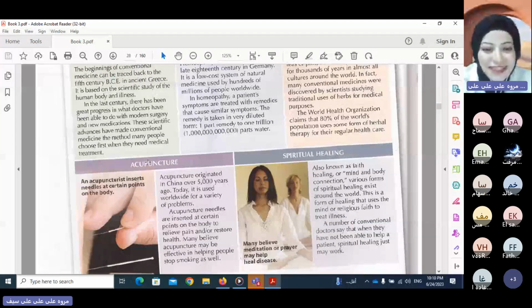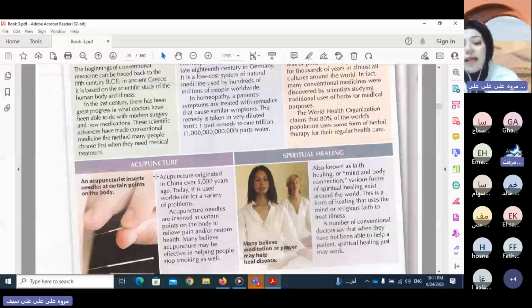You're going to read it. Okay. This one. Spiritual healing. No. Spiritual. This one. The first one. Acupuncture. The needles. Acupuncture. Okay. And the last one. Spiritual healing.